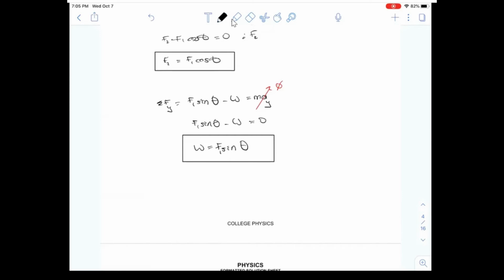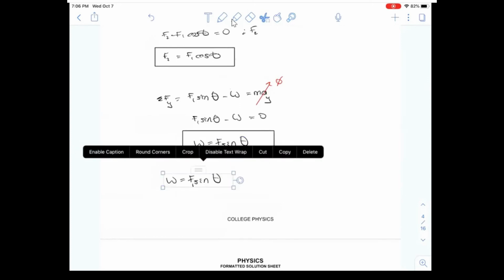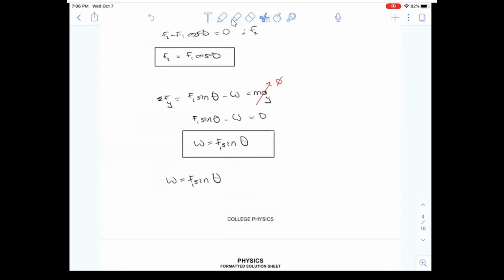Now I can do something with it. I'll keep this as is and then divide it by this. So my next step is I'm going to keep this as is. I'll grab this, put it down here. And then I'm going to grab this and place it right underneath.